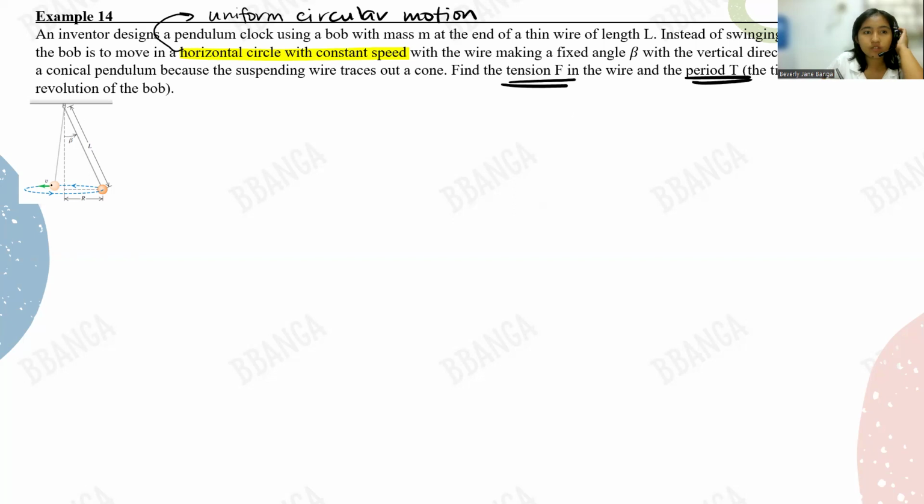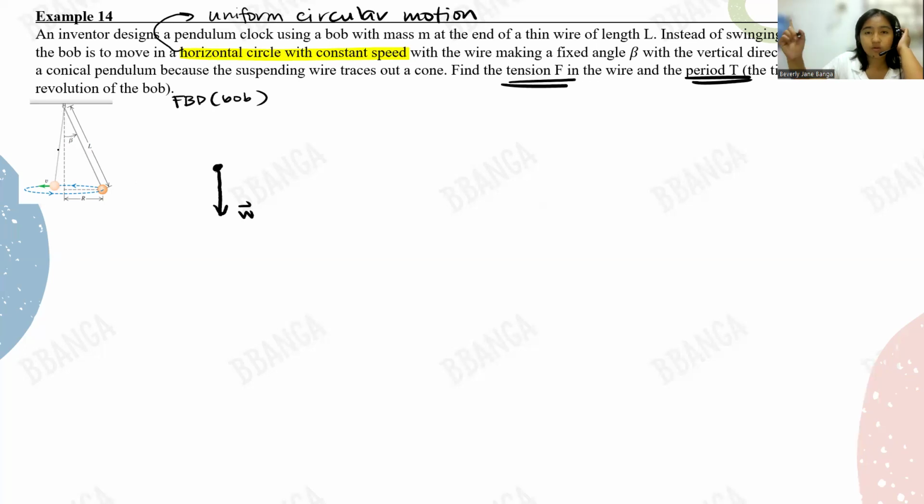Okay, so una, gawa muna tayo ng FBD na bulb kasi si bulb yung gumagalaw. Ito yung bulb, no? Yung bilog. So, FBD of the bulb. So, ayan siya. Meron siyang weight, diba? And at the same time, it is being pulled by a wire, no?